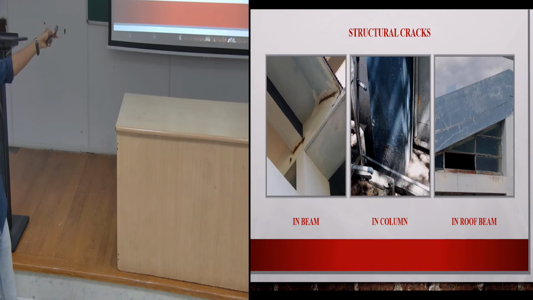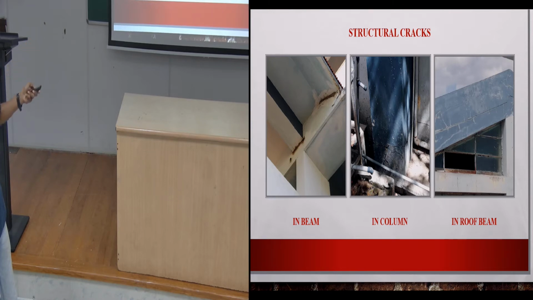In beams, columns, and roof beams, these cracks actually occur due to some increase in load level, then changing of the dimension of the materials, and insufficient area of reinforcement provision.